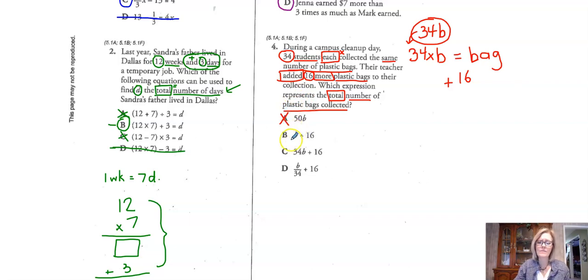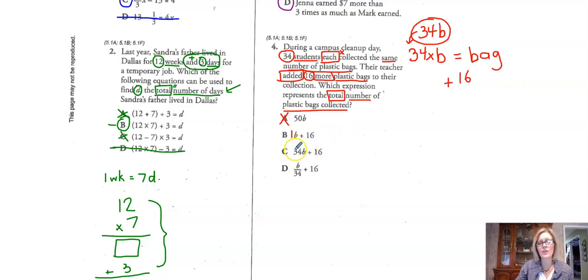This right here, B plus 16, is looking so good because we have adding 16 and we have the B that equals bags, but that is for one student. If you have a letter that doesn't have a number in front of it, it means it's just one. We didn't have just one student collecting bags. We had 34 students.